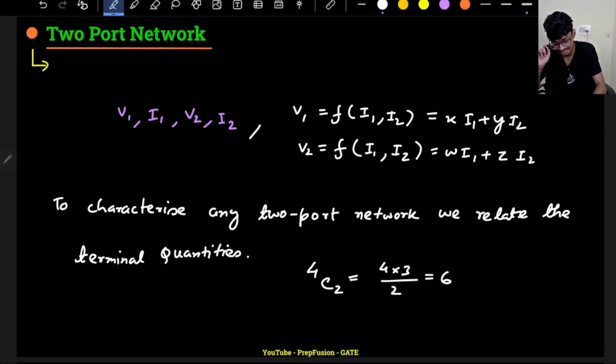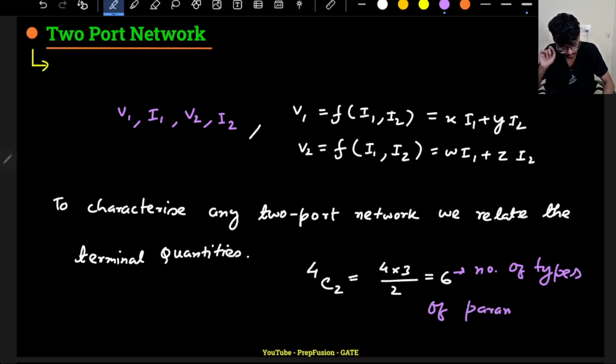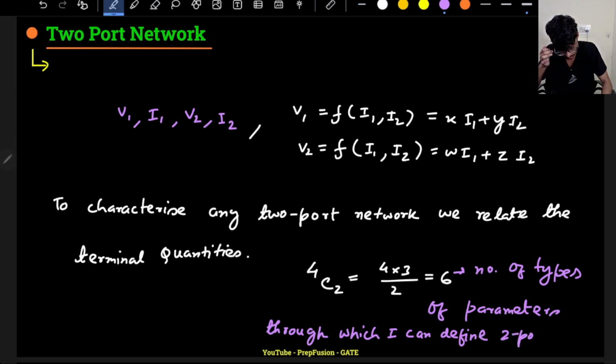So there will be a total of 6 types of parameters through which I can define two-port networks.